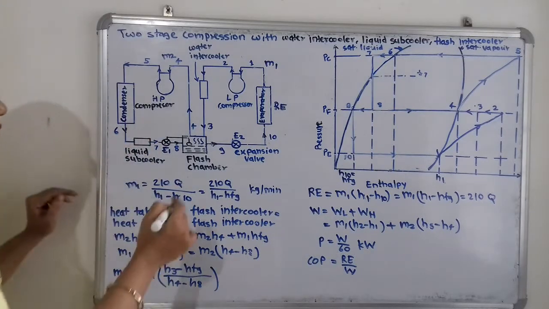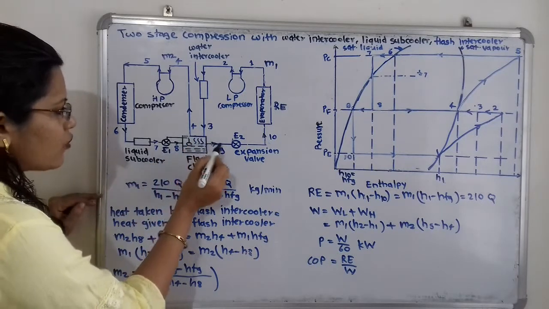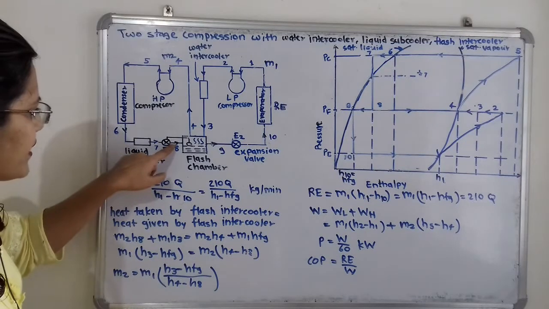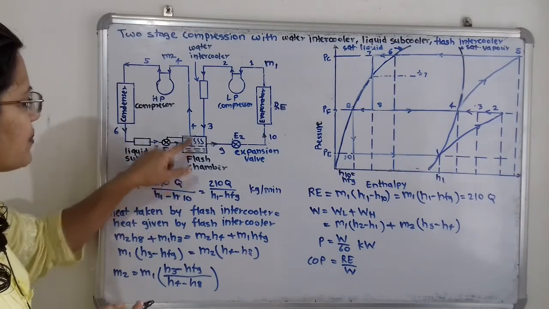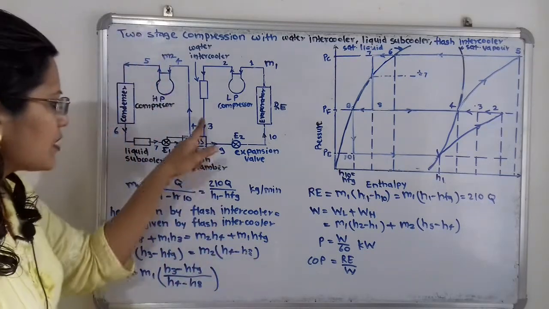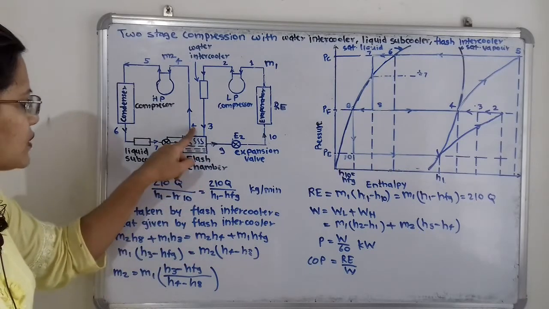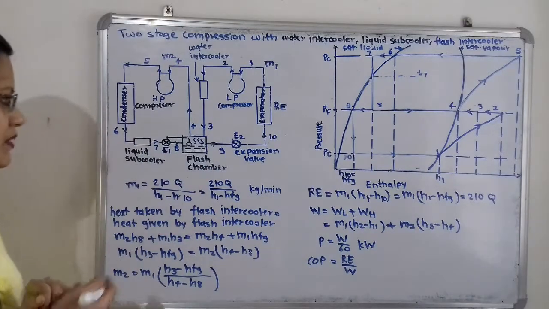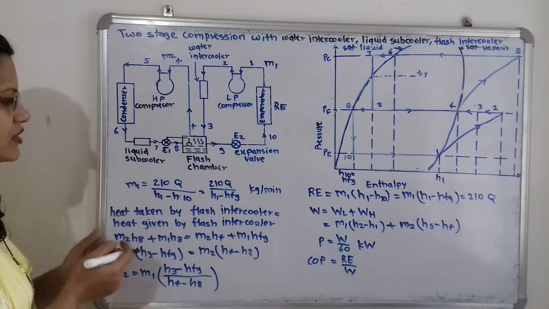So if we observe what are the incoming and outgoing streams for this flash chamber: at point 8 the refrigerant is incoming to the flash chamber, and at point 3 also refrigerant is coming to this flash chamber, and from point 9 as well as 4 the refrigerant is outgoing from the flash chamber. Now how to find out the heat taken by the flash intercooler?